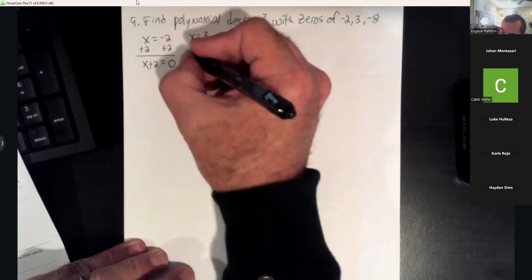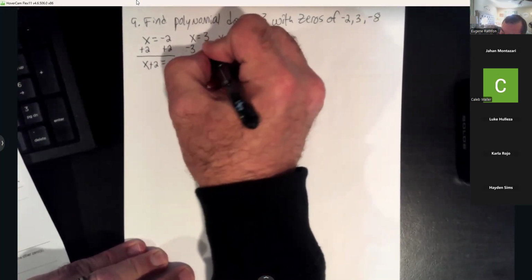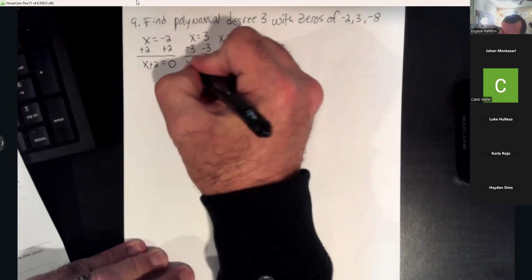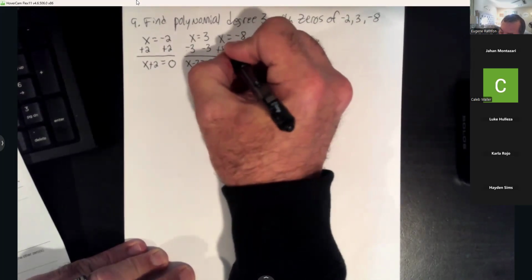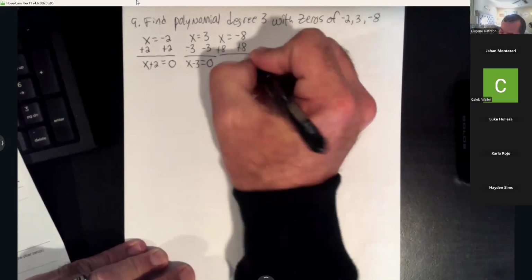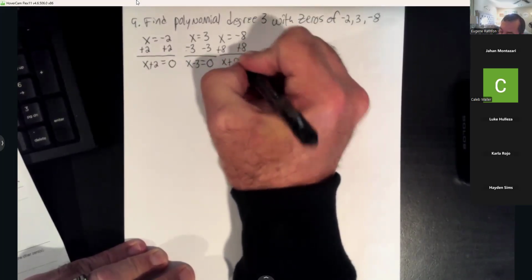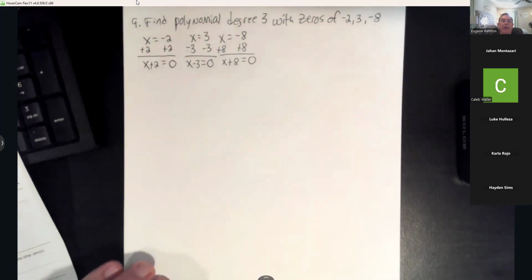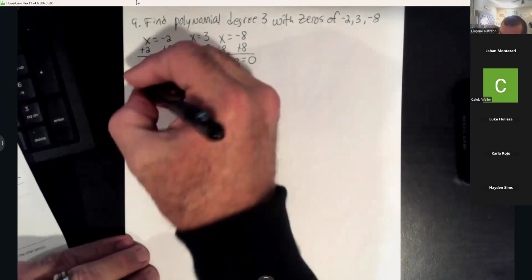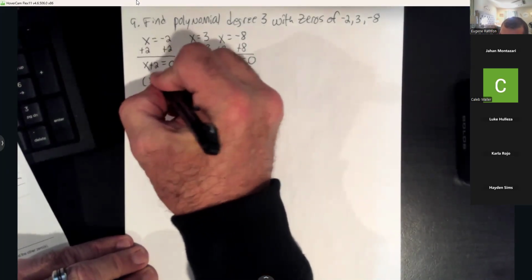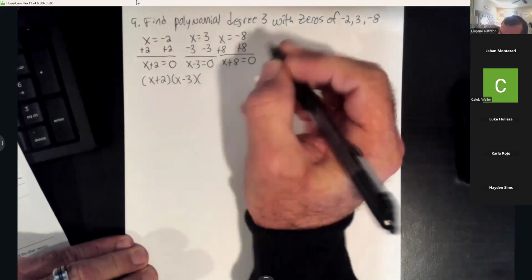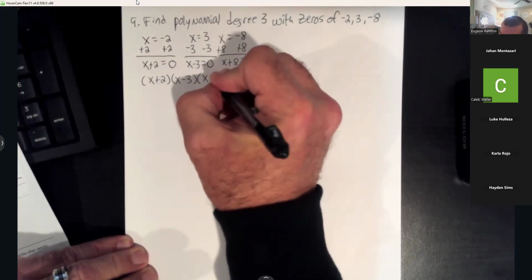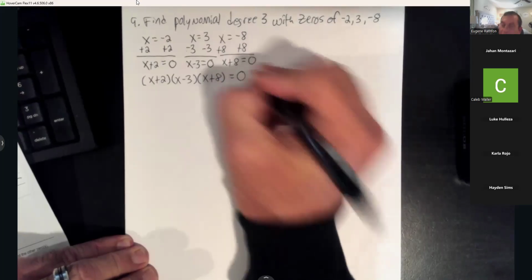For this one, I'll subtract 3 from both sides, and I get x minus 3 equals 0. And y'all, the last one, I'm going to add 8 to both sides, and I get x plus 8 equals 0. All right, once I got them all set to 0, my next step was to put all these factors in parentheses and set this whole thing equal to 0.